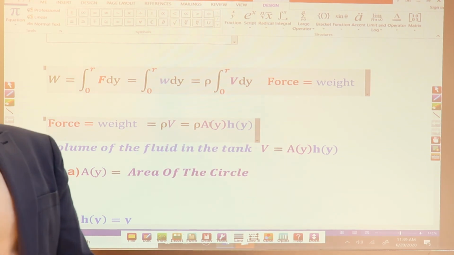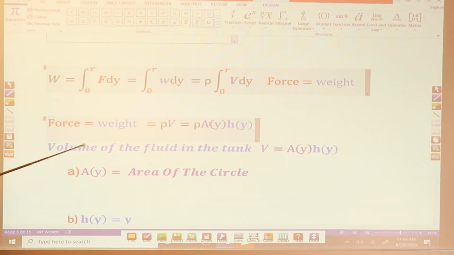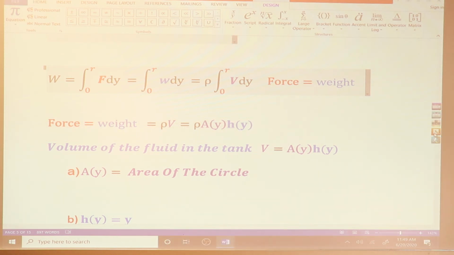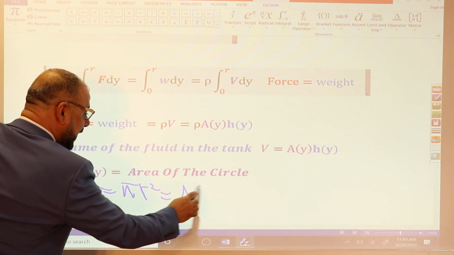Okay, now, the volume of the fluid in the tank equals A times y. A is the area of the circle, which is pi r squared. Let me just write it for you. Area equals pi r squared. And r is what, guys?